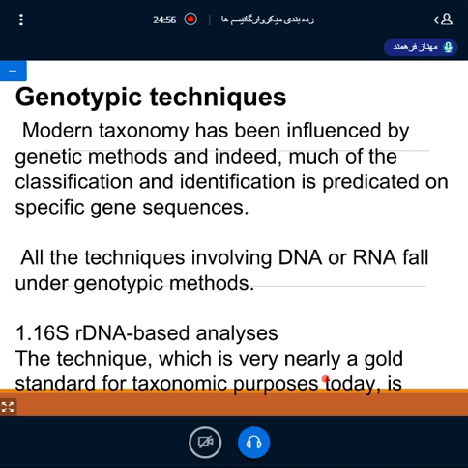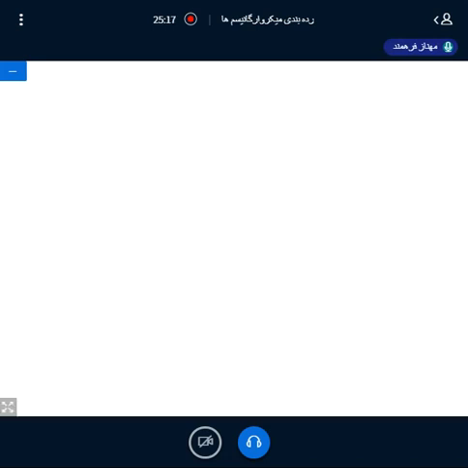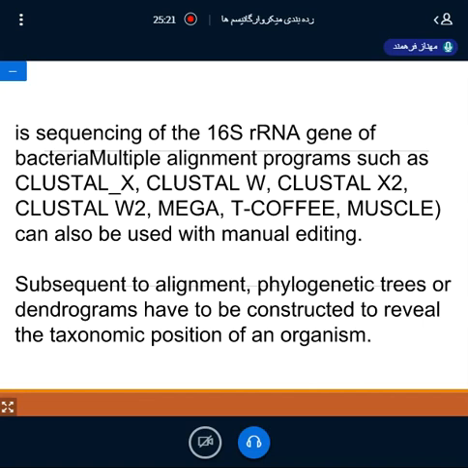Today we are going to study the genotypic techniques, and the first of all is 16S rDNA based analysis. The technique, which is very nearly a gold standard for taxonomic purposes today, is sequencing of the 16S rRNA gene of bacteria.